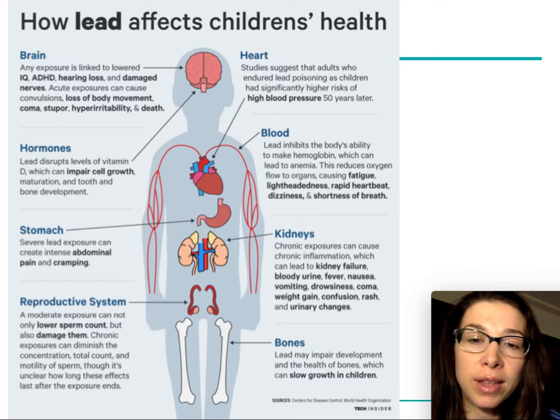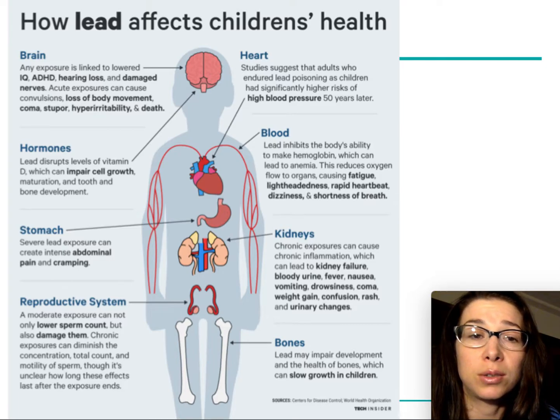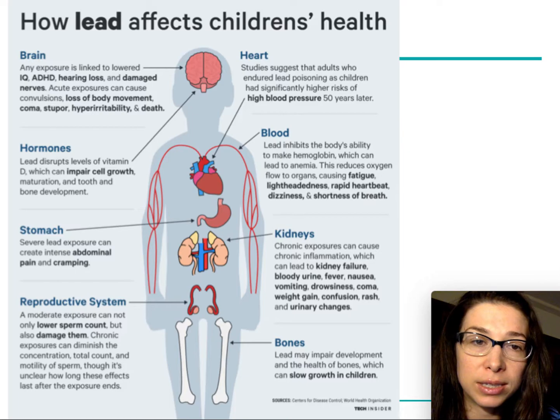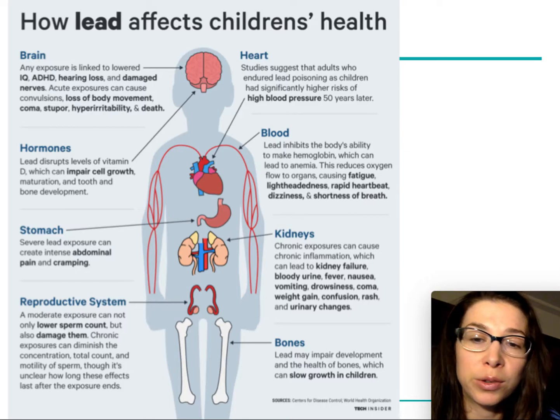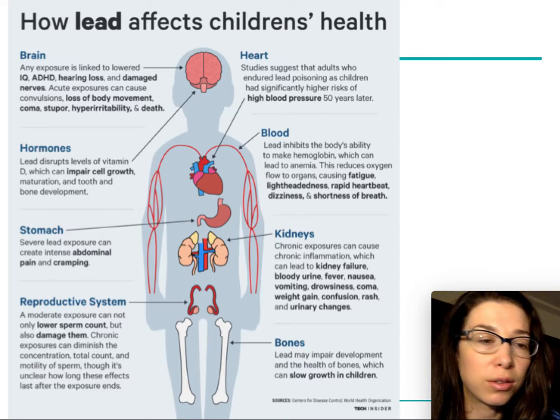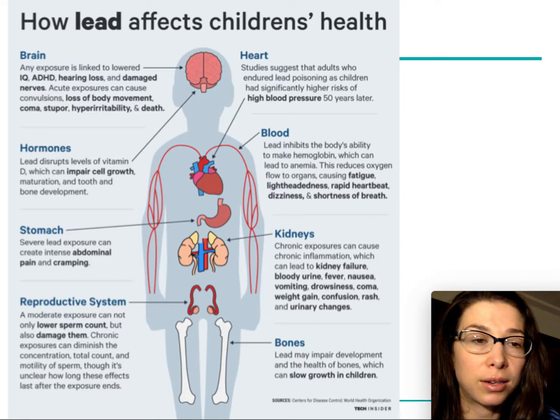Having lead impair the development of a brain properly is going to lead to intellectual disability in a lot of cases. ADHD, hearing loss, damaged nerves. I'm just looking at the brain section over there, and you can look over the other effects that lead has on development on your own.